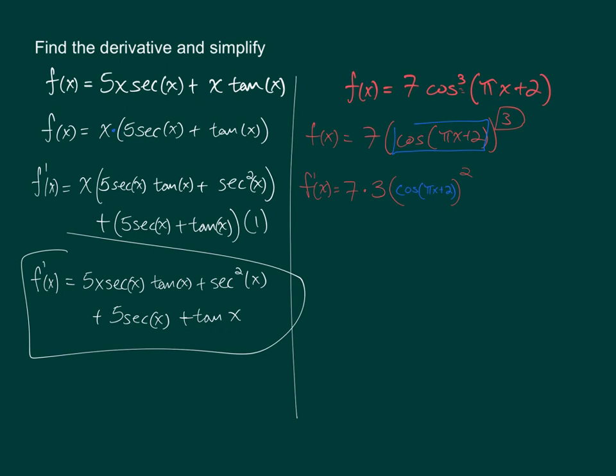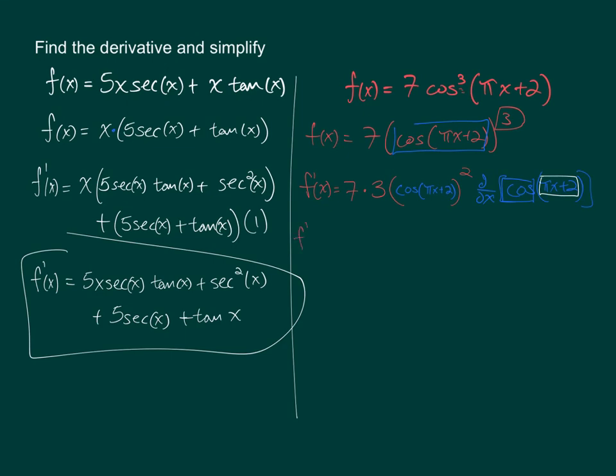Then we take the derivative of the inside function, cosine of pi x plus 2. And here, this creates another chain rule when we take this derivative. We have cosine being the outside function now, and the pi x plus 2 being the inside function.